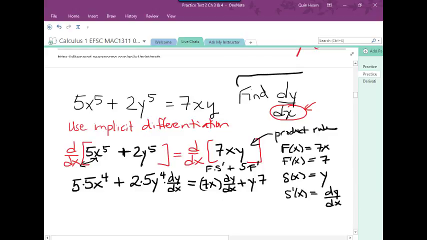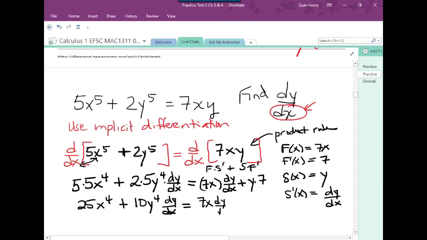All right, so we have differentiated on both sides. Keeping in mind our goal is to find dy dx, right? So we're going to simplify a bit, and then we're going to try to get dy dx by itself so we can see what it's equal to. So we have 25x to the fourth plus 10y to the fourth dy dx equals 7x dy dx plus 7y.